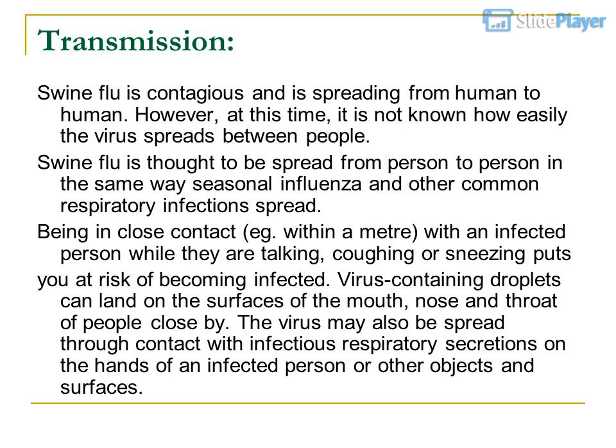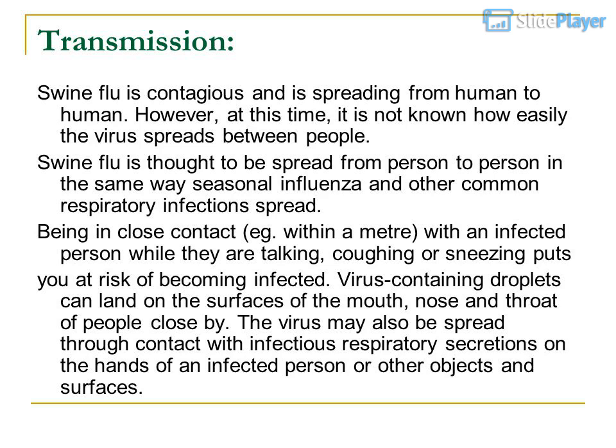Being in close contact, e.g. within a meter, with an infected person while they are talking, coughing or sneezing puts you at risk of becoming infected. Virus-containing droplets can land on the surfaces of the mouth, nose and throat of people close by. The virus may also be spread through contact with infectious respiratory secretions on the hands of an infected person or other objects and surfaces.